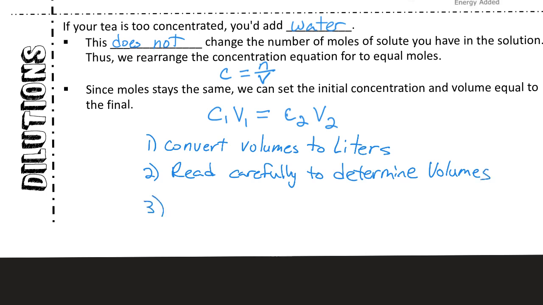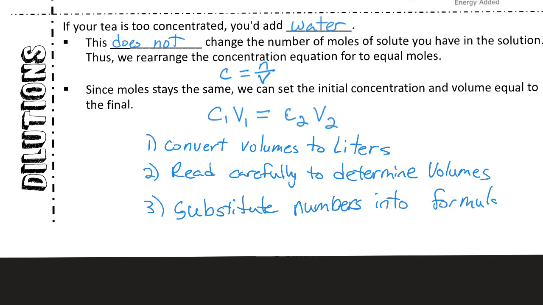The third step would be just to substitute the numbers into the formula and solve. And then we did 4 different examples of how to solve those types of problems.